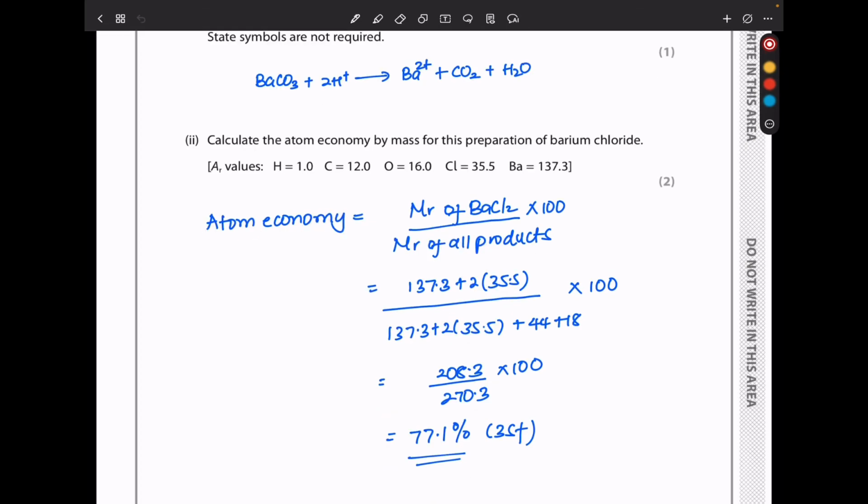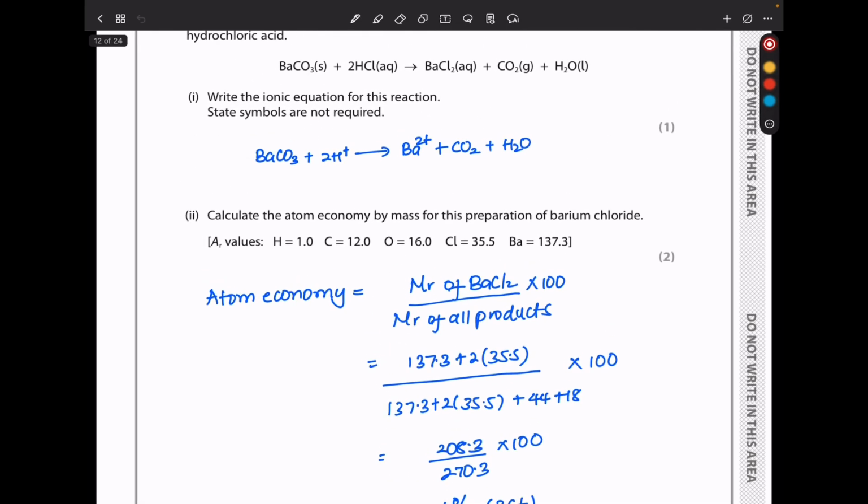Here, atom economy is going to be the molar mass of barium chloride, which is the product here, divided by the molar mass of all products. Or you could say molar mass of barium chloride divided by the molar mass of all reactants.